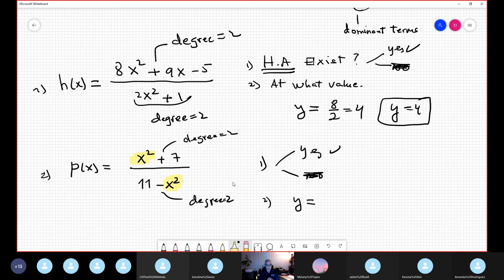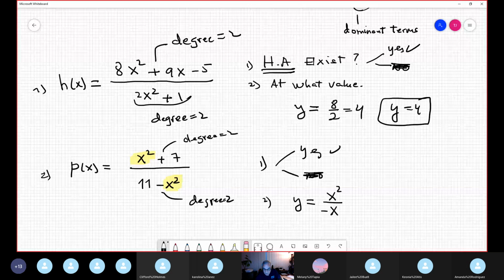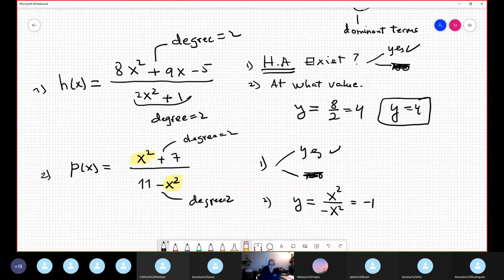So you keep only the dominant. 7 and 11 are nothing, because in my mind, x is a huge number. Therefore, the coefficient here is 1. Well, no, actually, it's x squared over minus x squared. Yes or no? It's negative 1. Boom. Final answer.